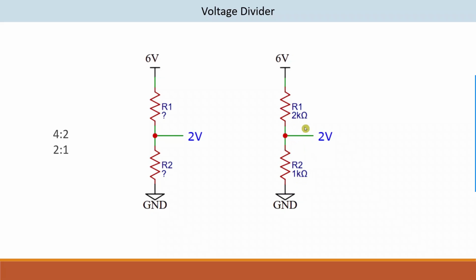Now you can put here 2 ohm, 1 ohm, and you can put here 100K and 50K. It depends on you. If you need a very small amount of current at your output side, then you can use higher resistance values.